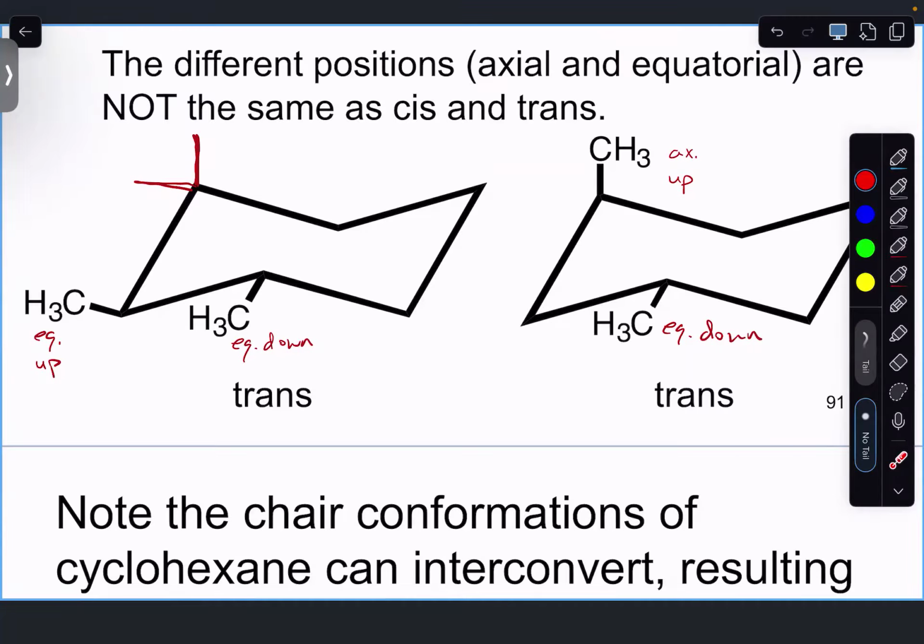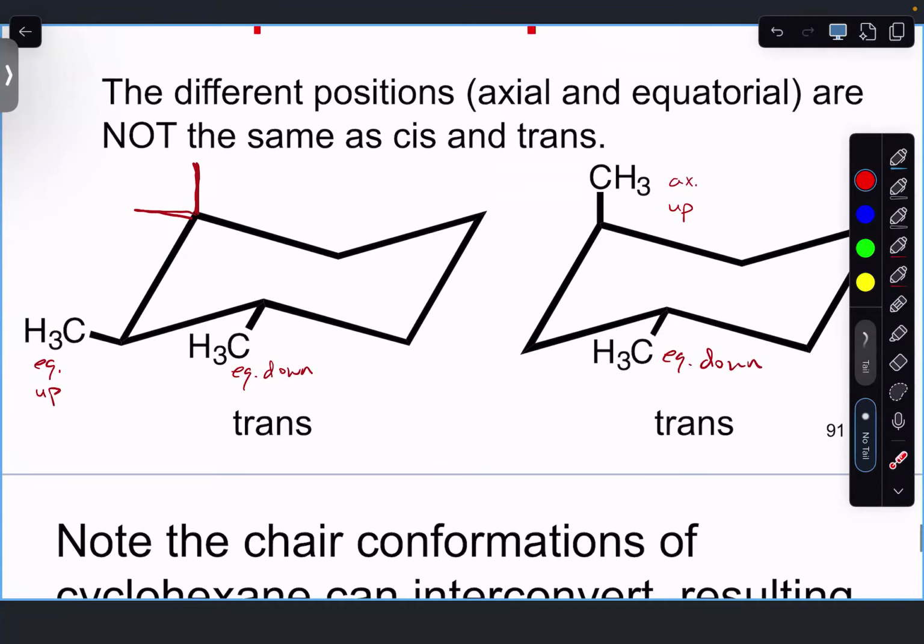And what I mean by that is I can start taking this end, that foot, and I can bring it up to make it the head. At the same time, I can take the head and bring it down to make the foot.